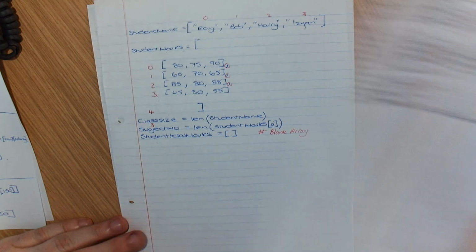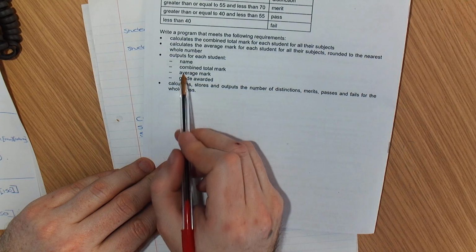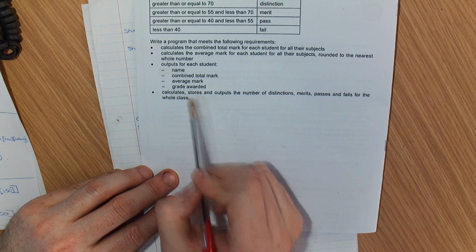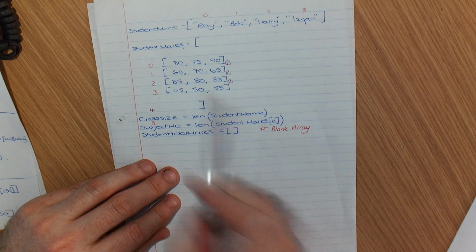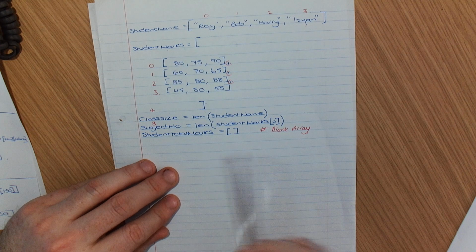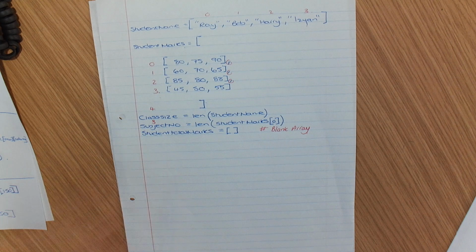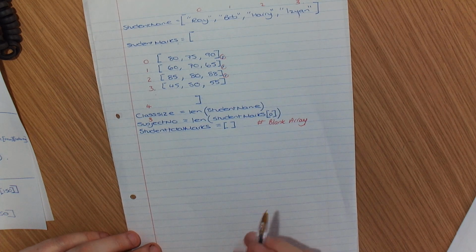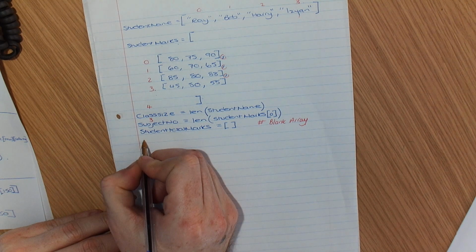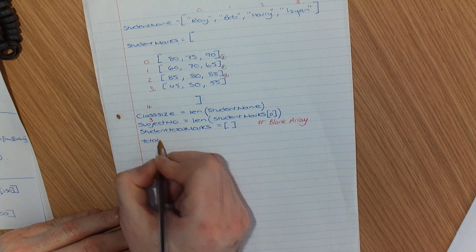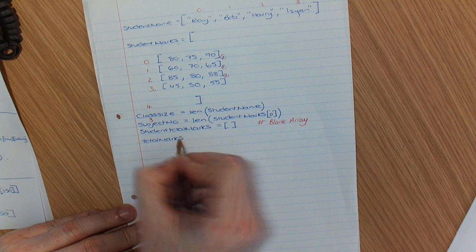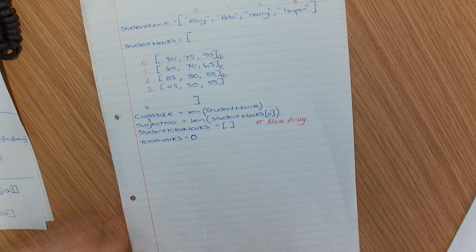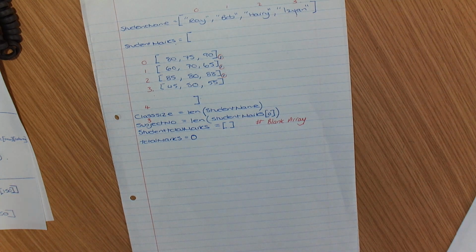Because if we go back to this, I'm going to need to work out what their total mark is. Now the only way I can do that is to work out what that is and then add it to this. So what we're going to do first is create another variable called total marks equals 0, because I'm going to use that as a placeholder when I iterate through it.